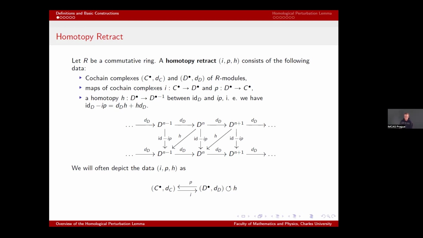So basically, if we go from Dn to Dn by the map identity minus IP, it's like going this way and this way and adding the two results together.